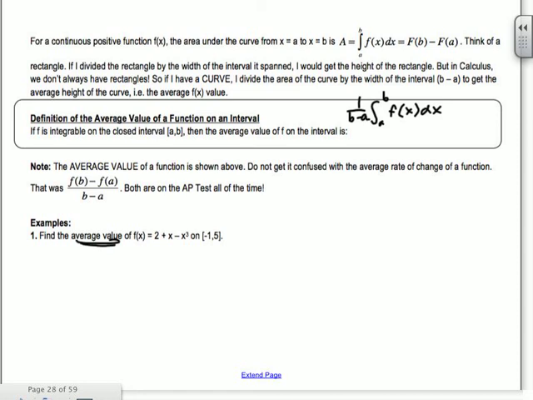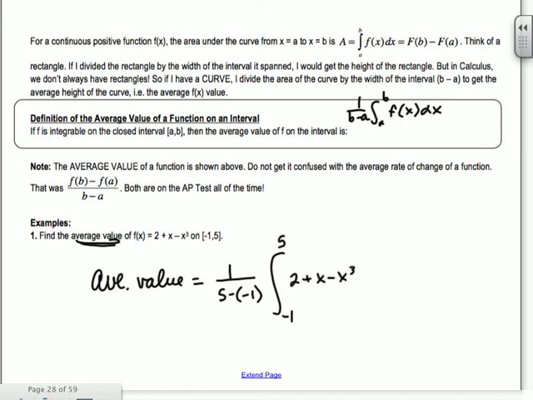Find the average value of f of x equals 2 plus x minus x cubed on negative 1 to 5. So my average value is just going to be 1 over b minus a, so 5 minus negative 1, times the integral from negative 1 to 5 of 2 plus x minus x cubed dx.